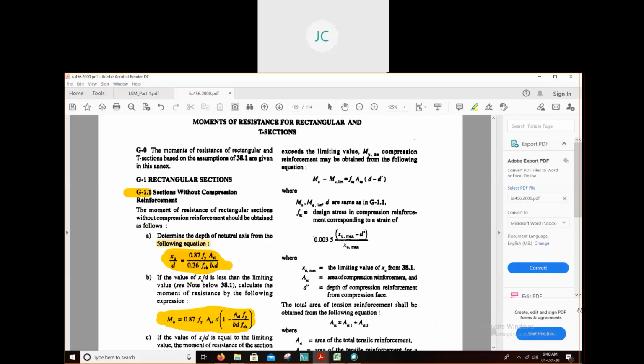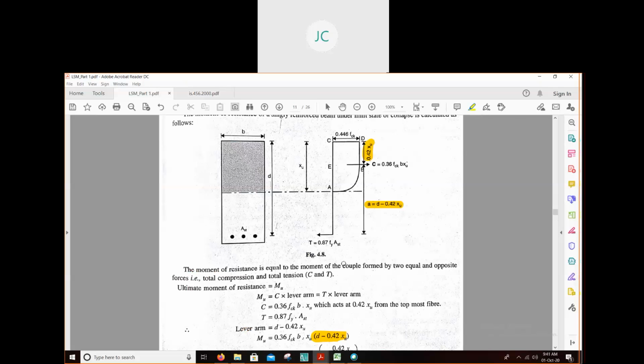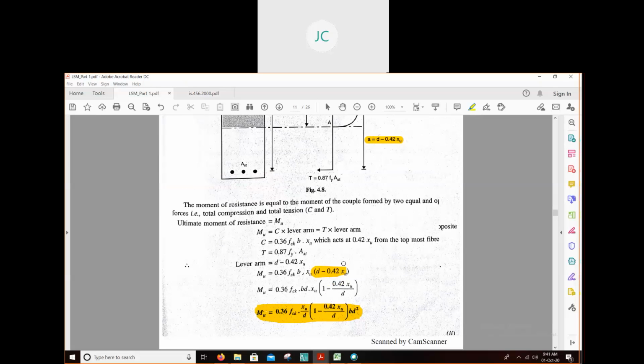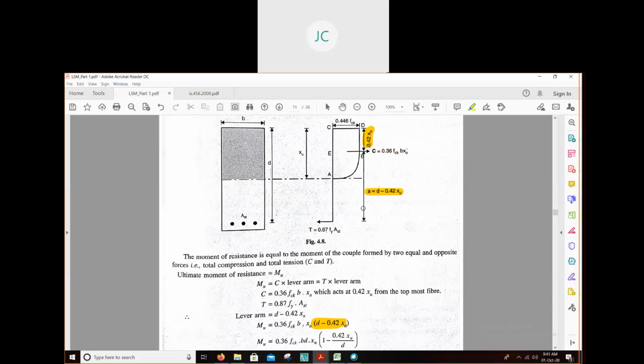So now see the PDF. The procedure for finding the moment of resistance, just like the working stress method, is either total compressive force into lever arm or total tensile force into lever arm.